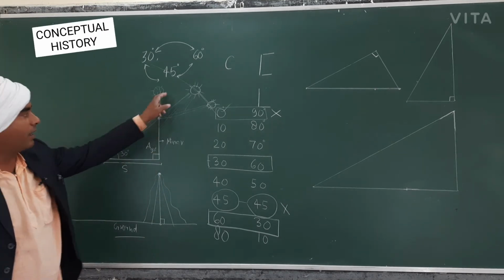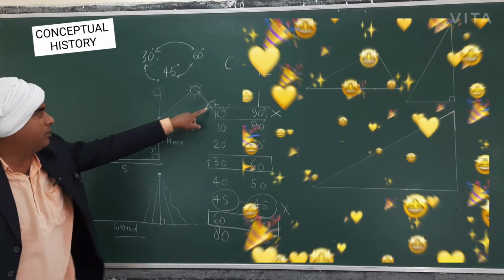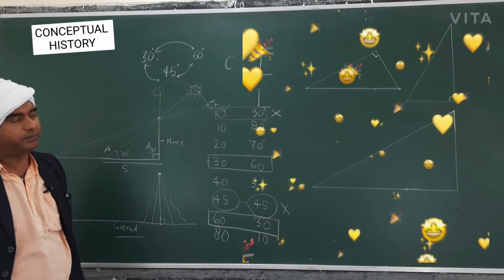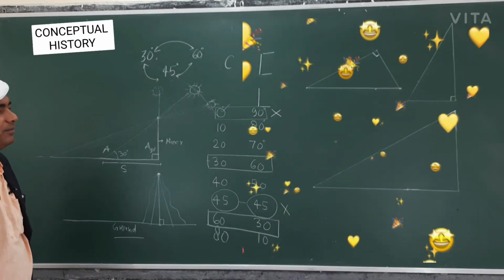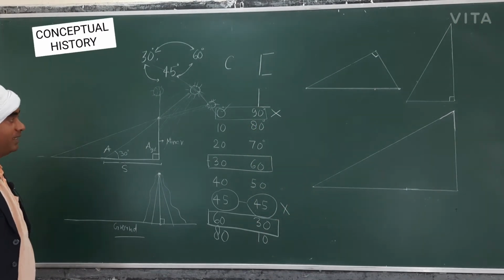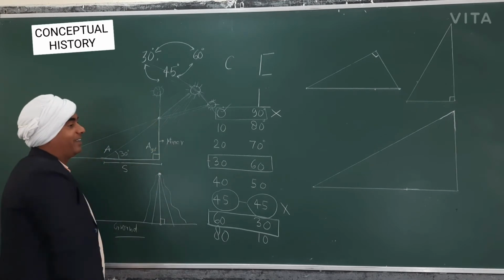Earlier the shadow was greater. So the shadow changes according to the sun's latitude and longitude, that is of the trigonometry, geometry section.